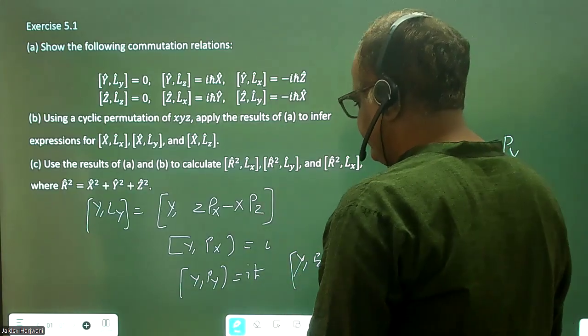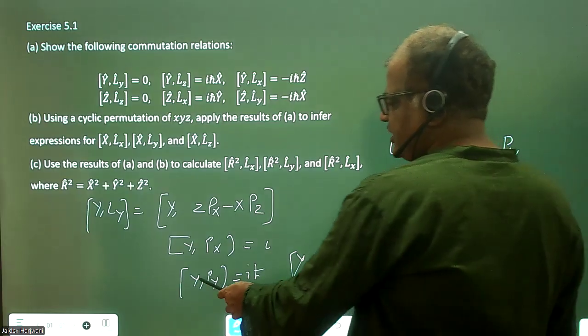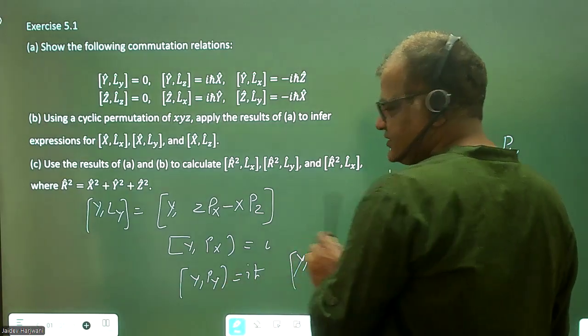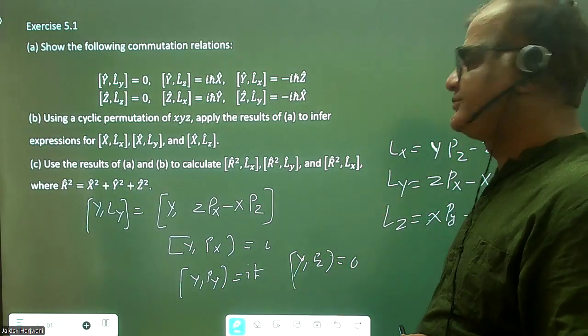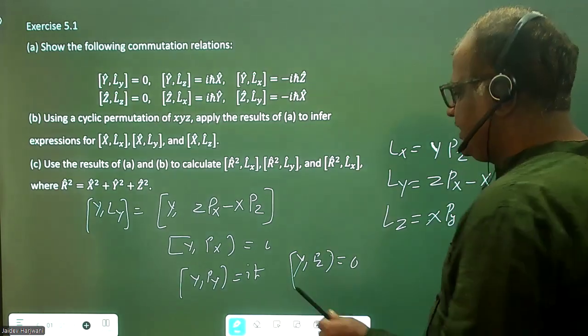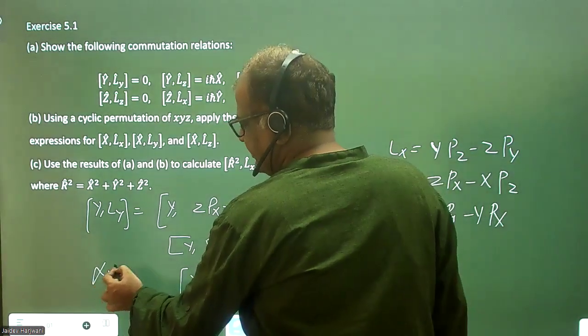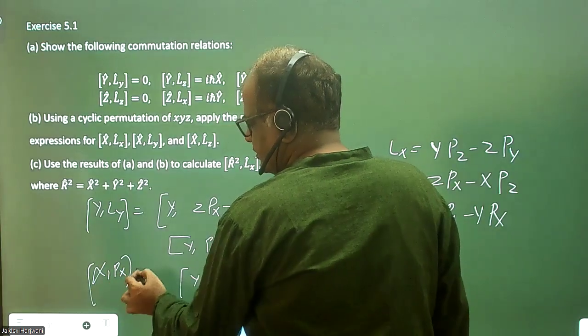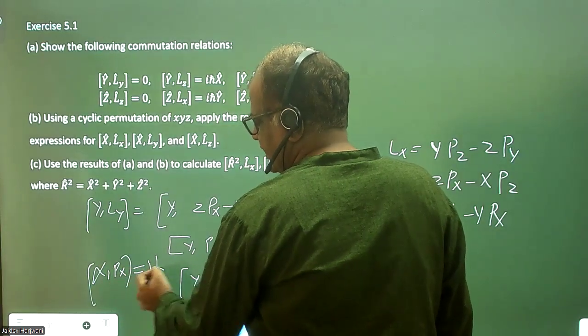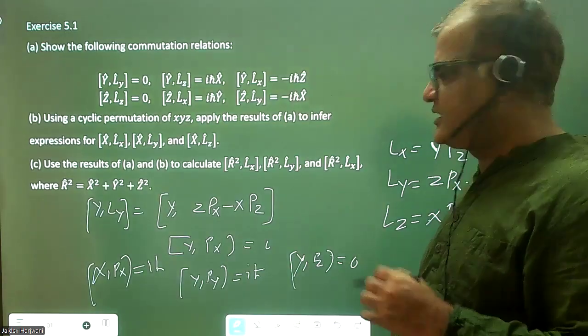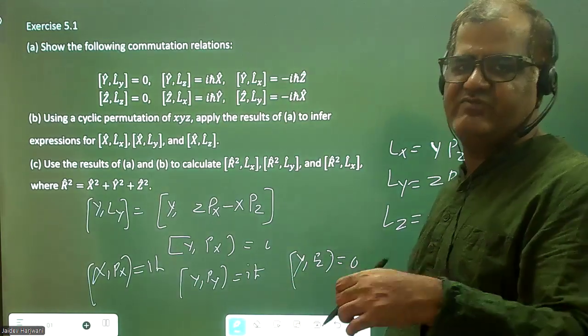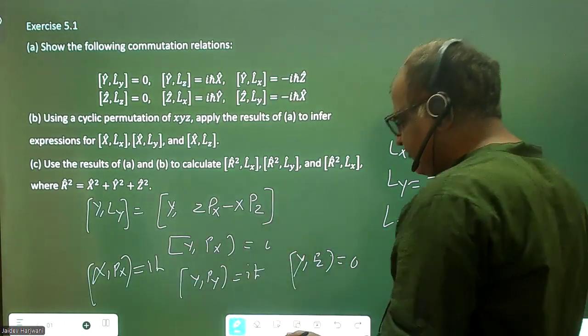Only position and momentum in the same direction cannot be measured simultaneously. So x comes similarly: x and px do not commute. Everything else, x, pz, py, xy, xz, xx, everything is 0.